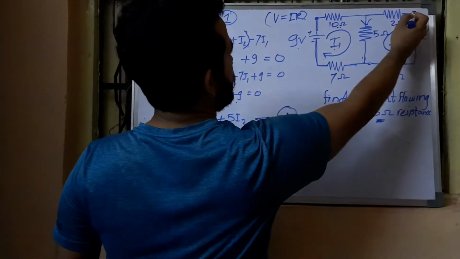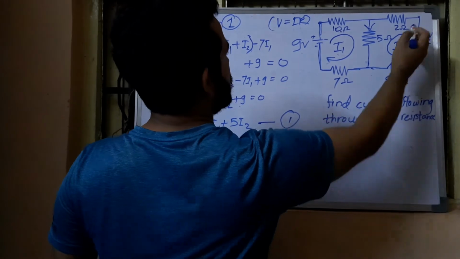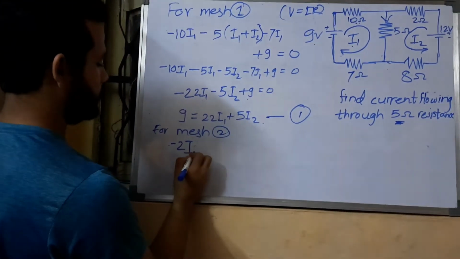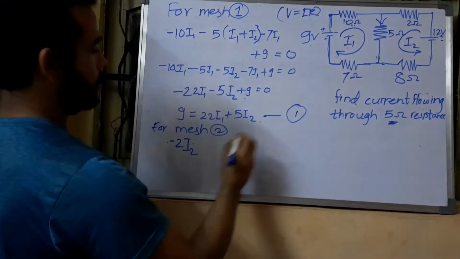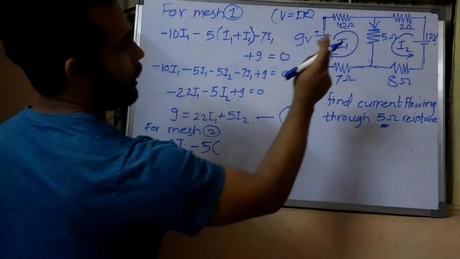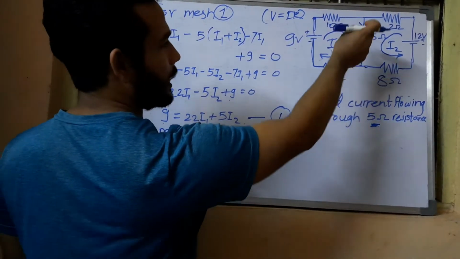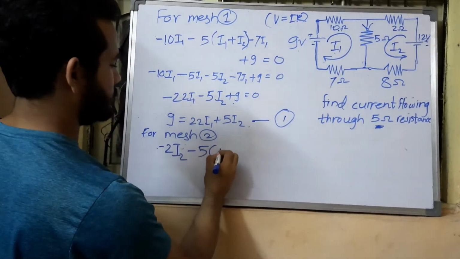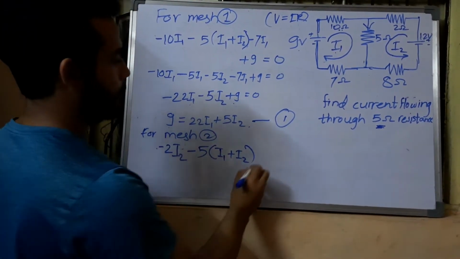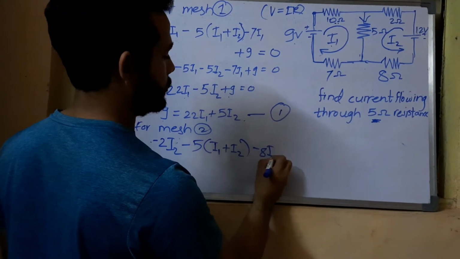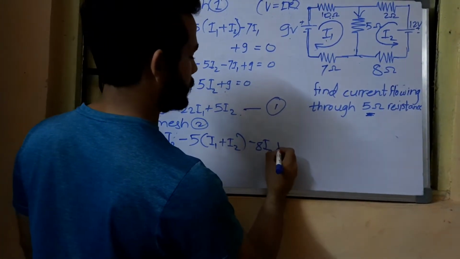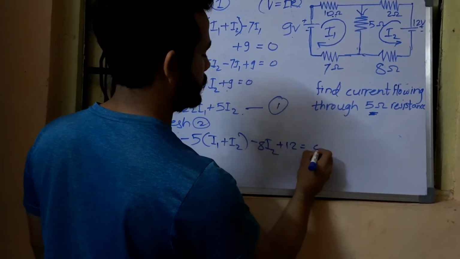So from here I am tracing the circuit. Minus 2 I2, minus 5 I2, and I1 and I2 are additive in nature, minus 8 I2, and there is a voltage gain plus 12 is equal to 0.